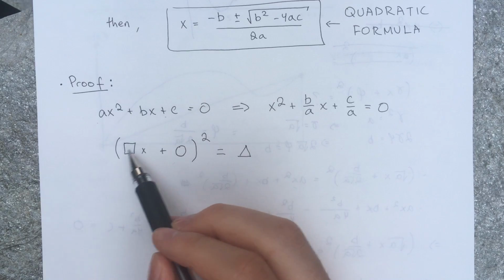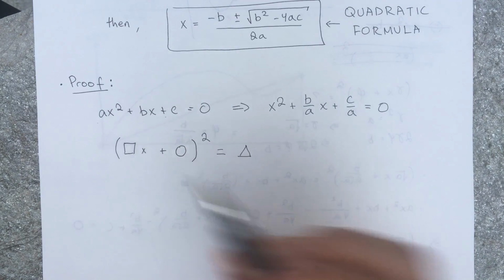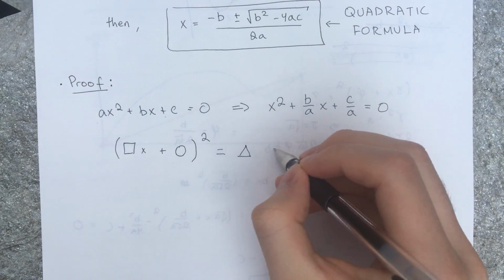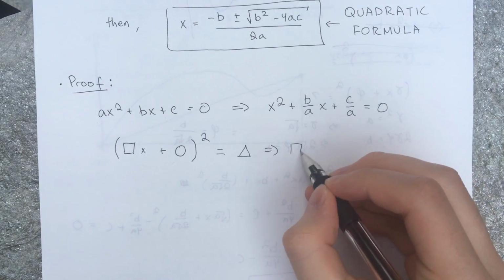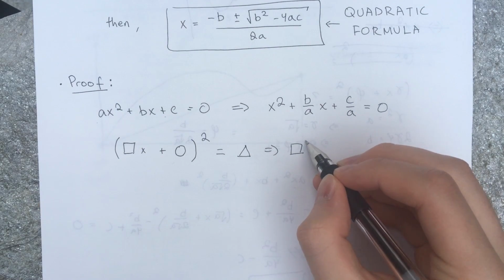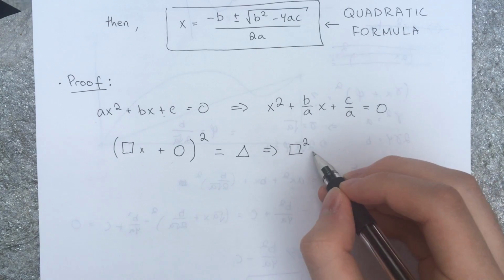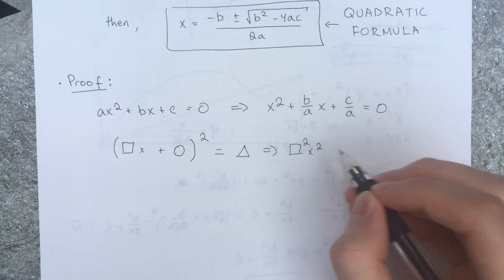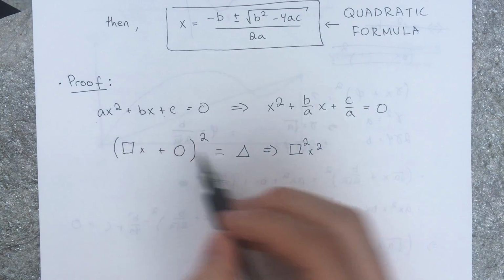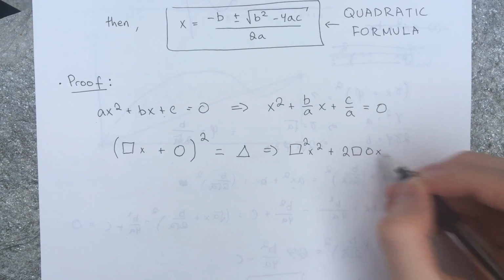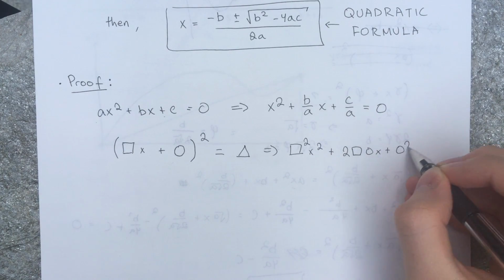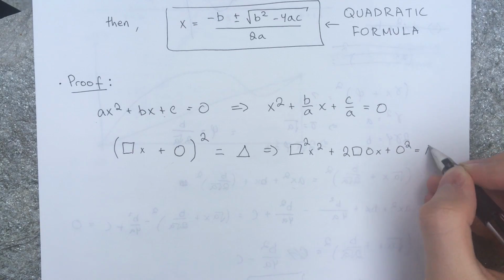So from this, if we distribute it out, we'll get square squared x squared plus 2 square circle x plus circle squared equals triangle.